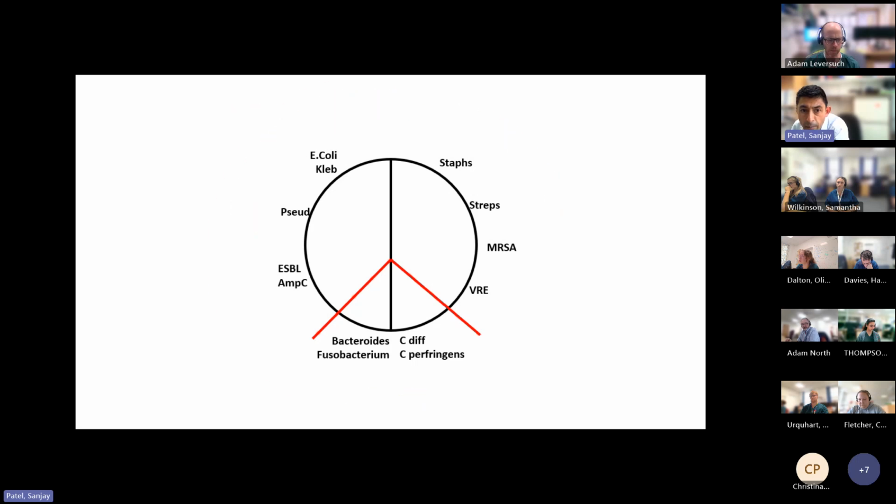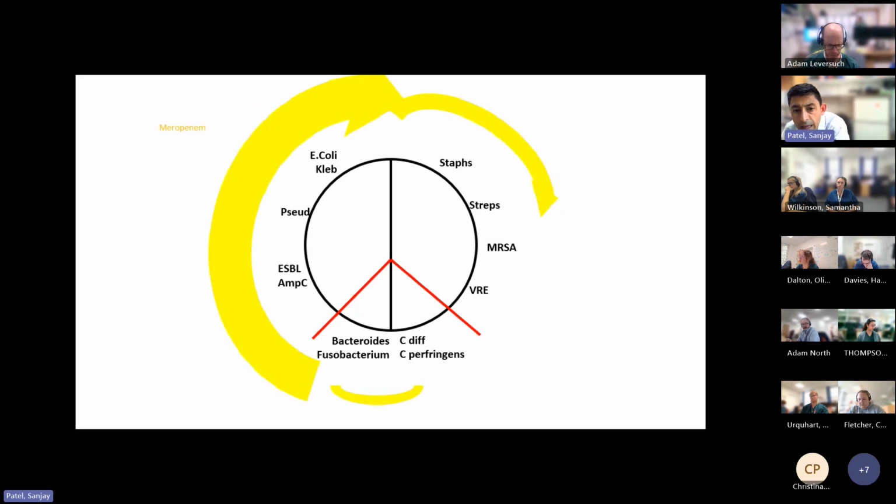You then go to drugs like meropenem. Meropenem is like tazocin. It covers gram negatives very well and gram positives reasonably well, but it overcomes some of the resistance mechanisms that we are increasingly seeing, especially in children from other countries like Greece, Spain, India, Russia, and the Middle East.